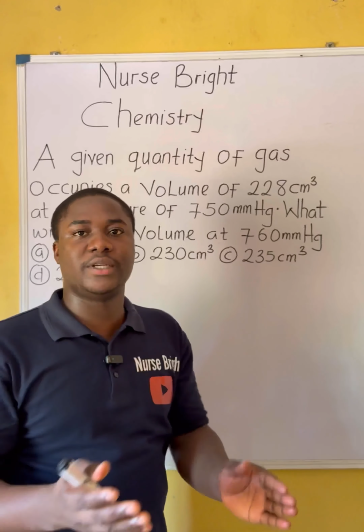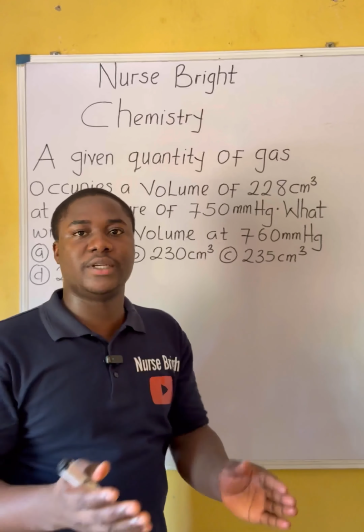So in summary, this question wants us to get the V2, which is the final volume or the second volume in this question. The way I am solving this question, that is how you should solve any question pertaining to this aspect of chemistry called gas law, specifically Boyle's law.